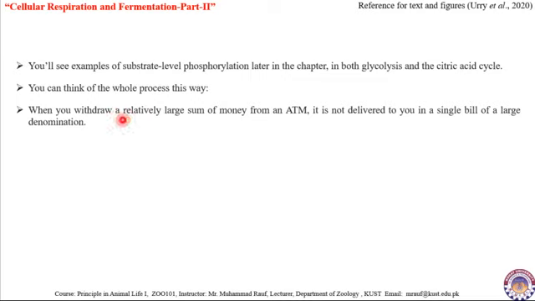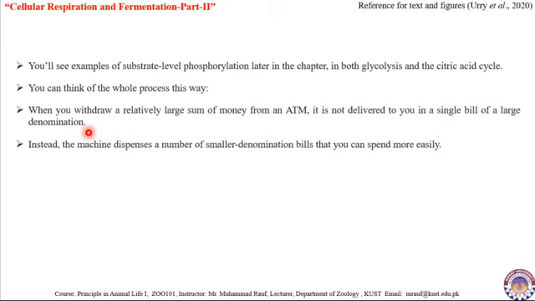When you withdraw a relatively large sum of money from an ATM, it is not delivered to you in a single bill of a large denomination. Instead, the machine dispenses a number of smaller denomination bills that you can spend more easily.